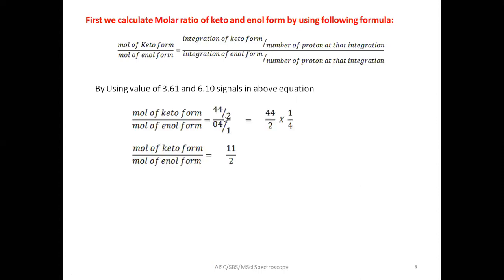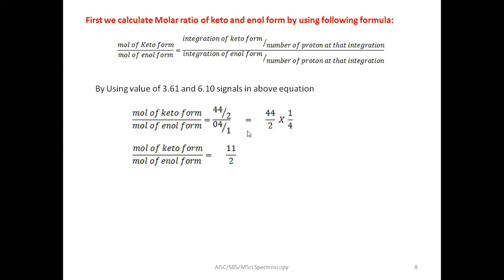Integration in keto form is 44, and the number of protons is 2. Integration of enol form is 4, and the number of protons is 1.